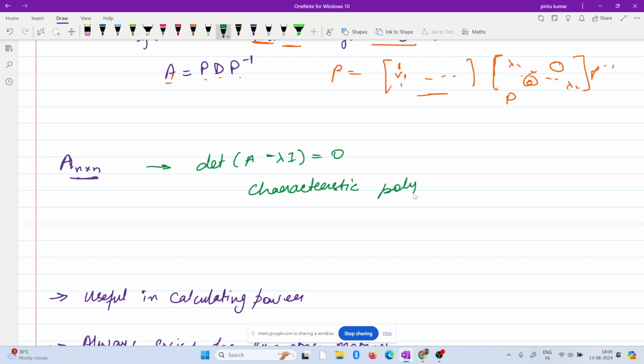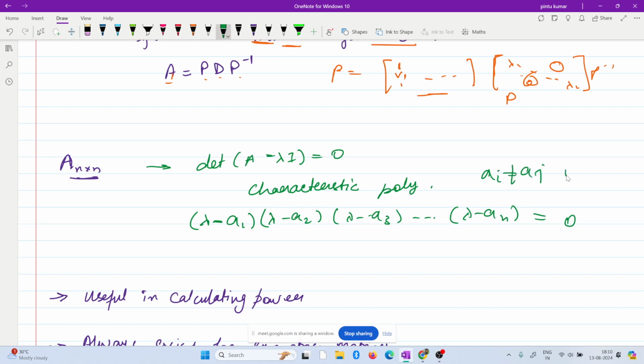Let's say your characteristic polynomial is of this form: lambda minus a1, lambda minus a2, lambda minus a3, and so on. And all of these ai are different, so ai is not equal to aj if i is not equal to j.